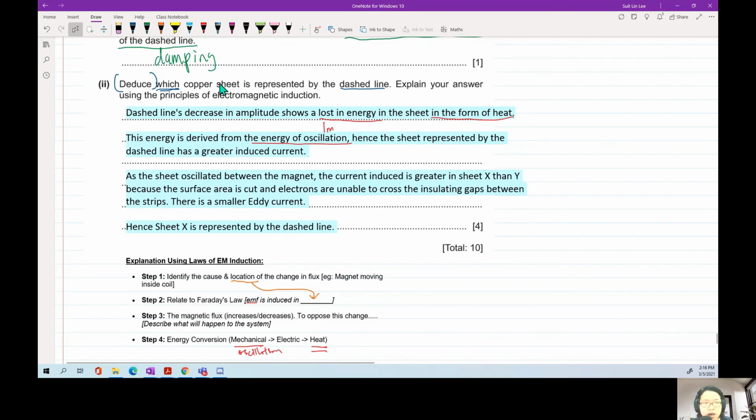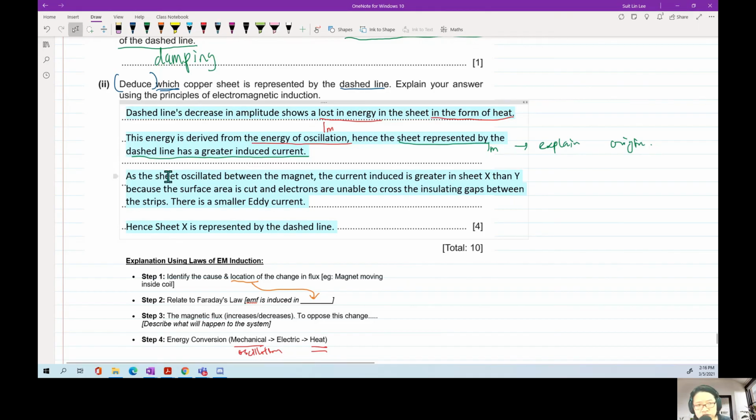So you talk about the sheet represented by the dashed line has a greater induced current. 1 mark. Now I'm going to explain the origin of the induced current.